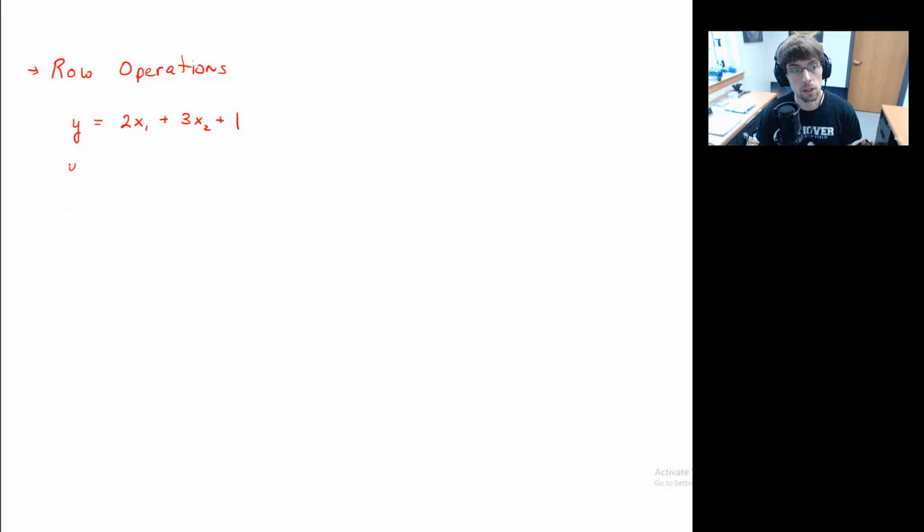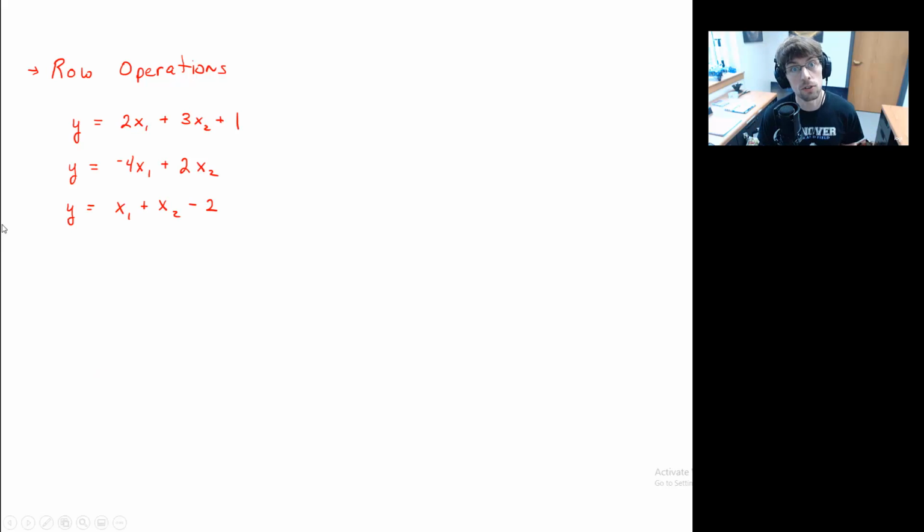We had a second equation saying y is equal to negative 4x1 plus 2x2. And then finally, we had one that said y is equal to x1 plus x2 minus 2. Okay. So I'm just rewriting the equations that we graphically solved last time.